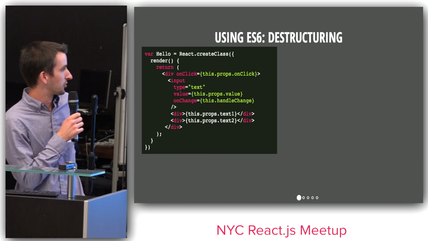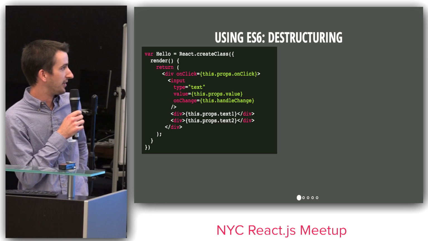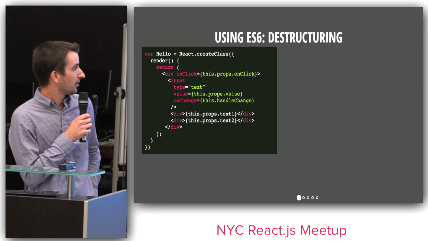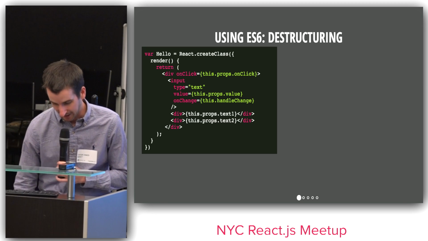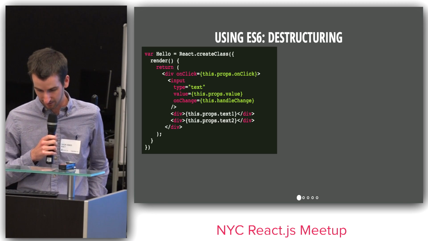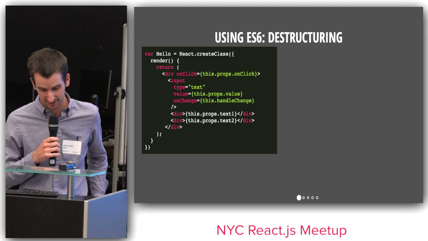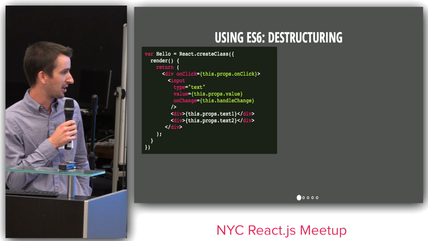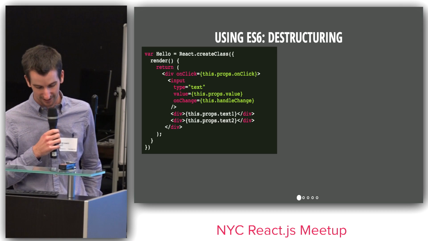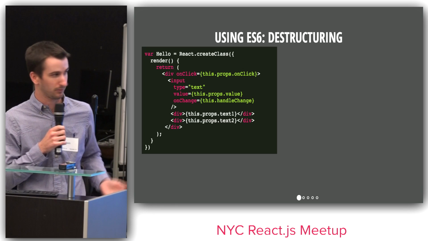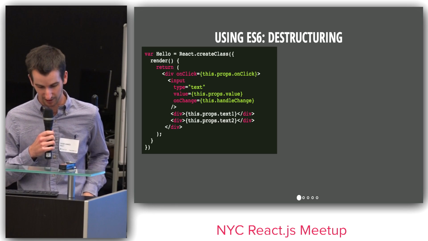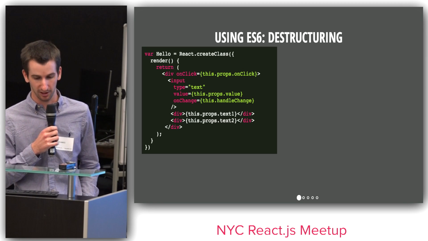Another one is ES6 destructuring. In this case, I'm showing a simple view, and I basically have to rewrite this.props a bunch of times. For instance, if I had the text1 property and wanted to use it multiple times, I keep writing this.props.text1. That's kind of annoying. If you're familiar, you could write var text1 is equal to this.props.text1 and create a local variable.